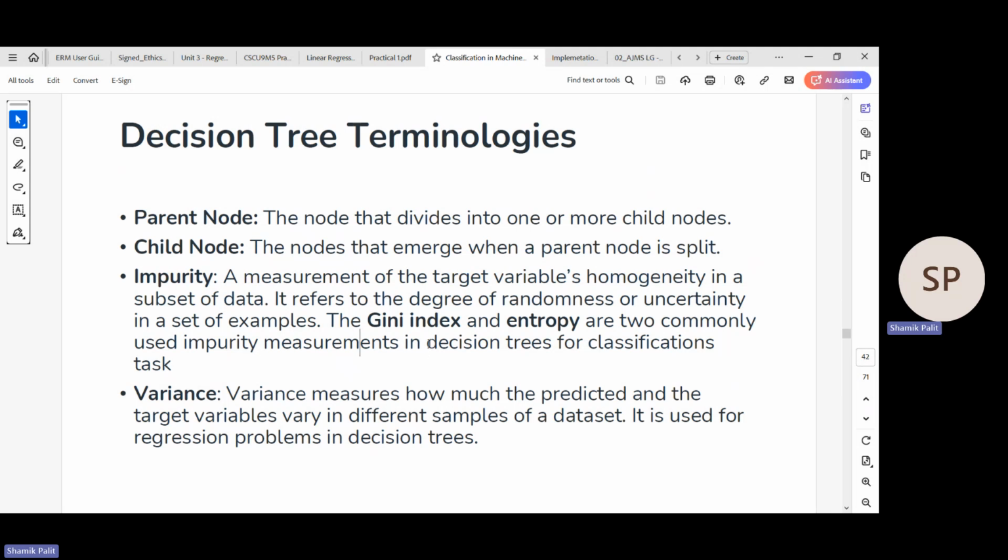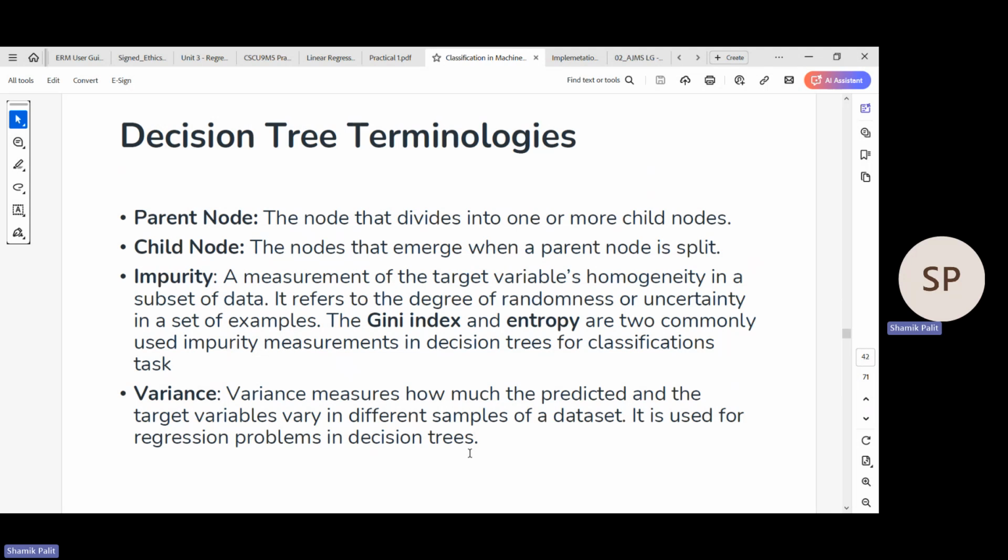It means that whenever you start making a specific decision or classification, how accurate your classification is, how accurate your decision is, is measured with the help of this index. Entropy is also one of the concepts we use, very important to improve the performance of the decision tree.